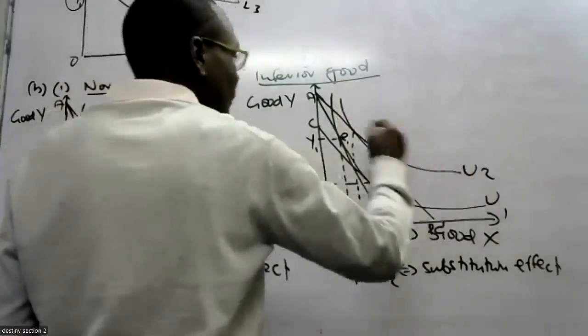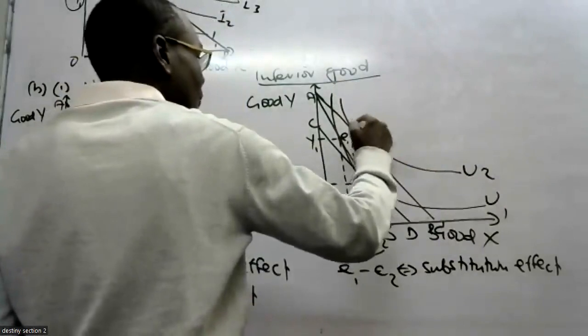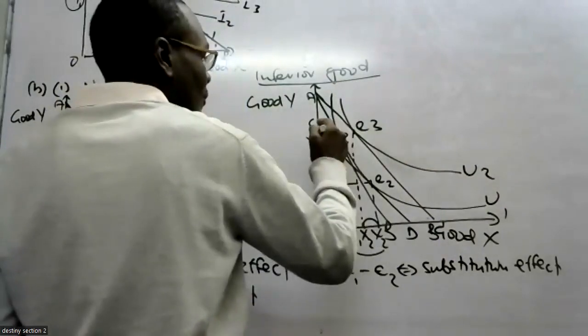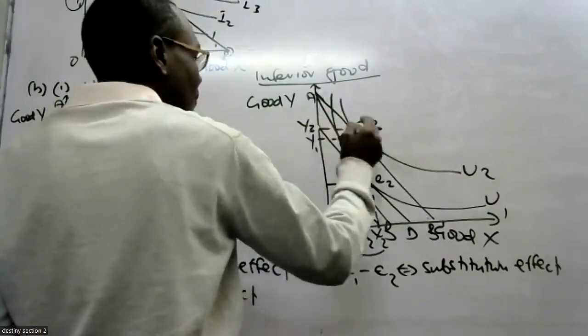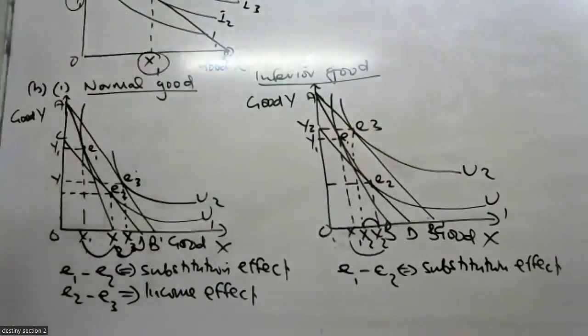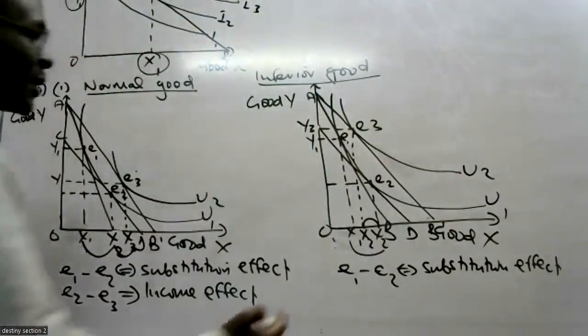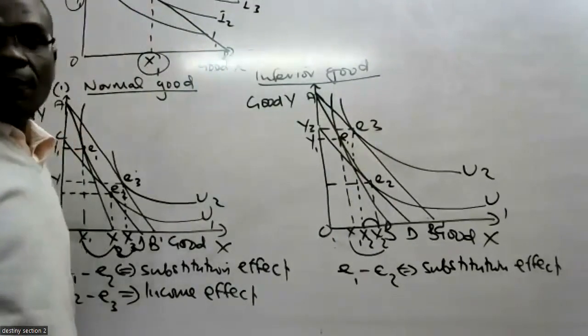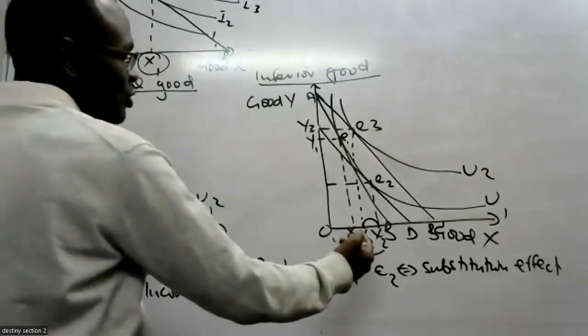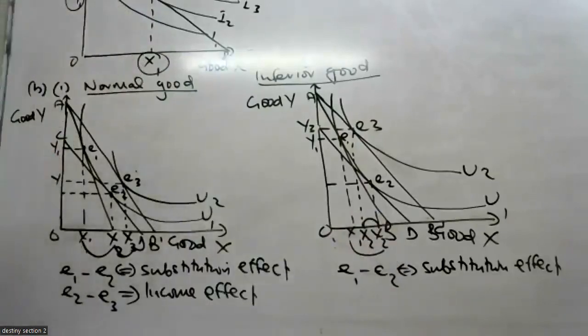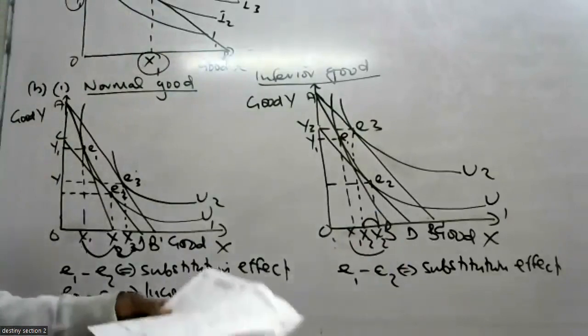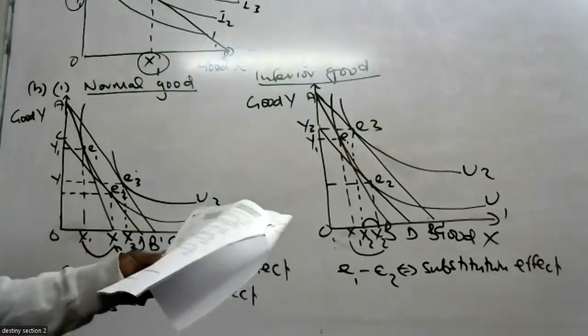This is U2, and this is E3. And this is Y3. So the difference is in the income effect. But you notice for an inferior good, the substitution effect is bigger than the income effect, which is negative. So the total price effect is positive. So that answers that question.